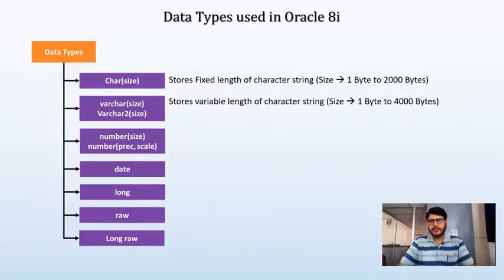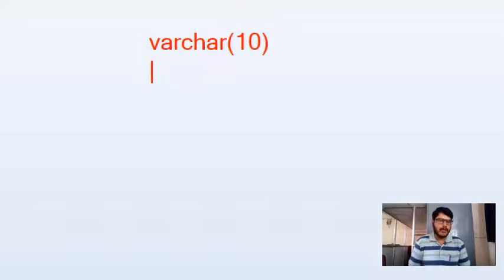When we define varchar as a data type, and if I mention the size as 10, then what happens? It is going to reserve 10 bytes of memory. Say, 1, 2, 3, 4, 5, 6, 7, 8, 9, and 10.